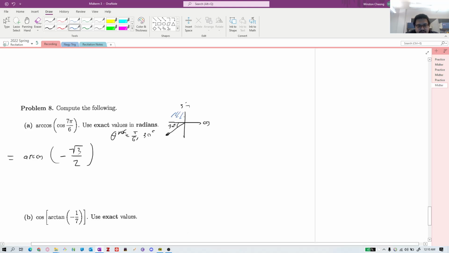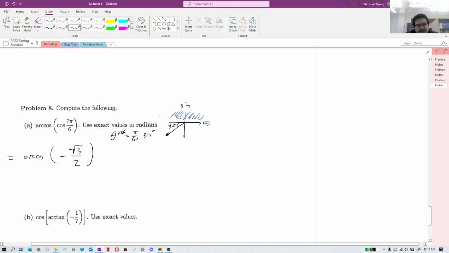So if I use the same diagram, arc cosine actually outputs only in these two quadrants. It doesn't give me back my original angle, is what I'm trying to say. So it's going to be a 30-degree angle, but not in the third quadrant anymore. Which of these quadrants is it going to be? Well, this value is negative.